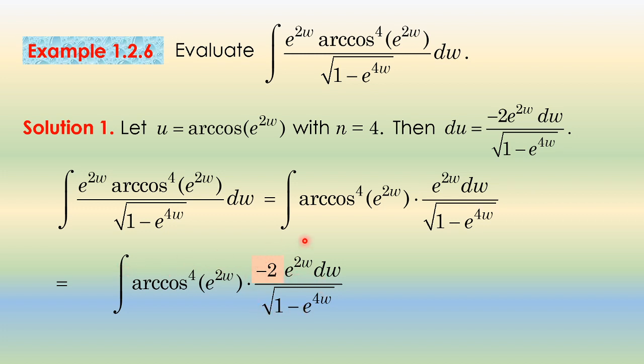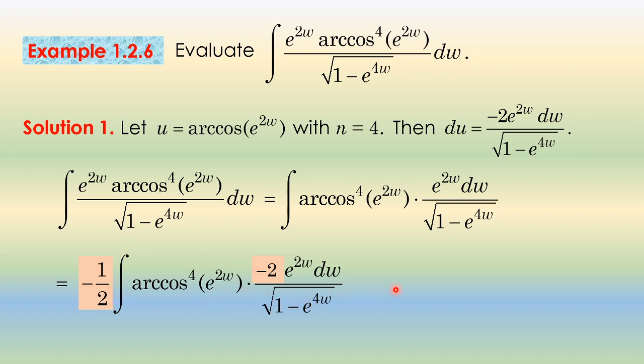But of course, so that there is no change in the value of the integral, we compensate outside by negative 1/2, the reciprocal of negative 2. So when we read this, it is now the integral of u to the n du.